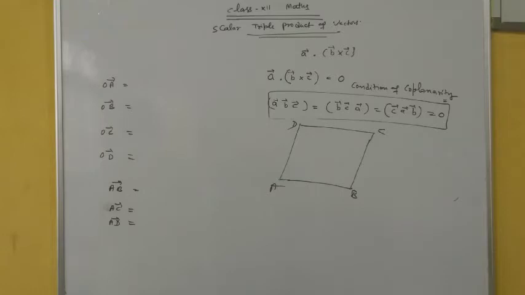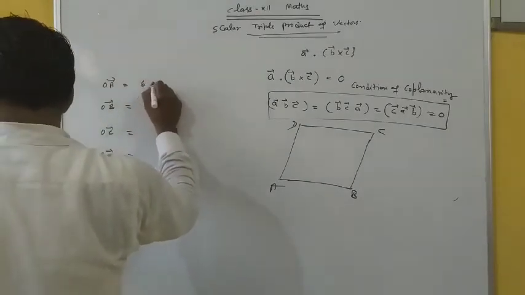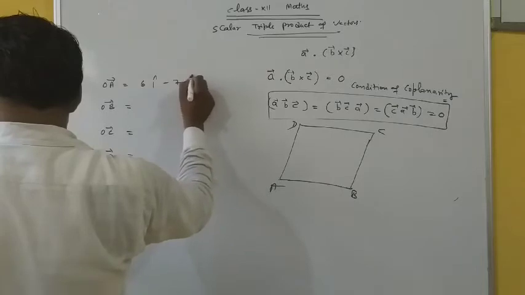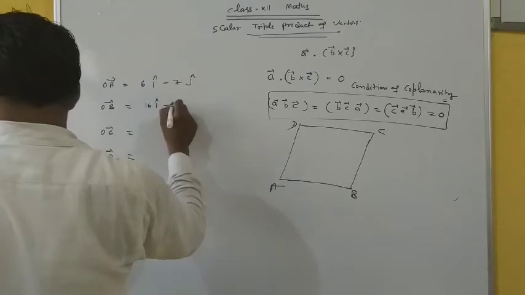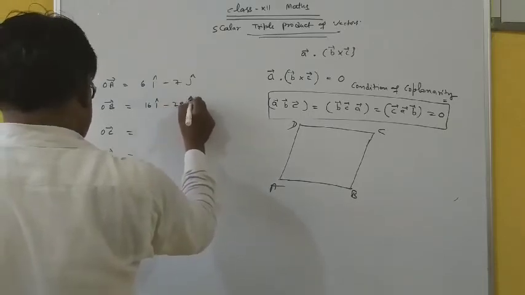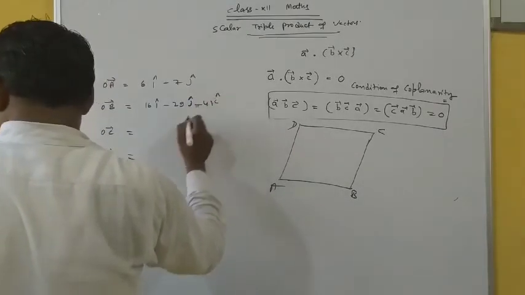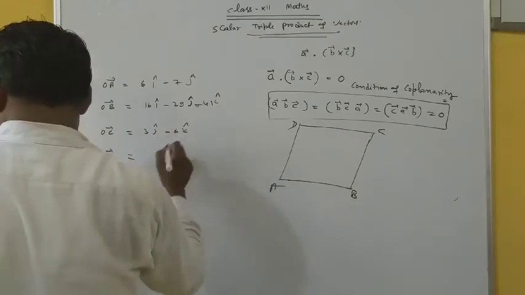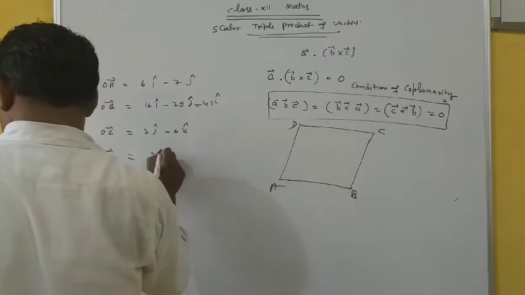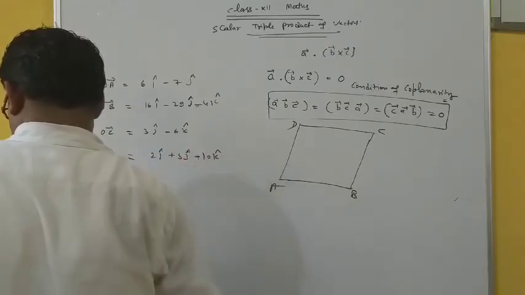Suppose the position vectors of the 4 points A, B, C, D are given as 6i cap minus 7j cap, 16i cap minus 29j cap minus 4k cap, 3j cap minus 6k cap, and 2i cap plus 5j cap plus 10k cap.